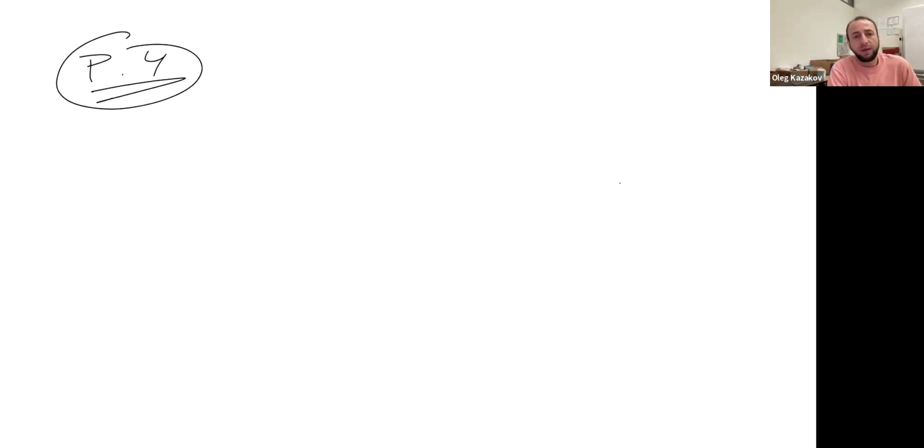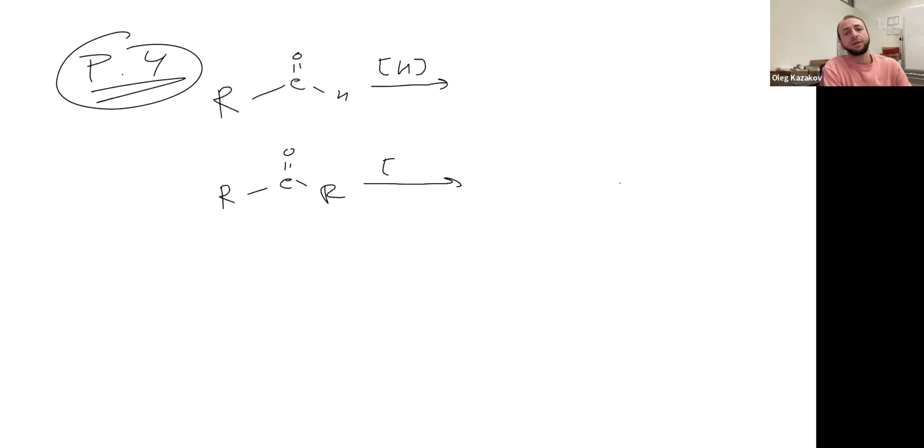Just to recap, let's say we have some random aldehyde, R for random, such as this one, and we might have some sort of random ketone, R-C-O-R. They both can undergo the reduction process that is marked with an H in brackets, like so.